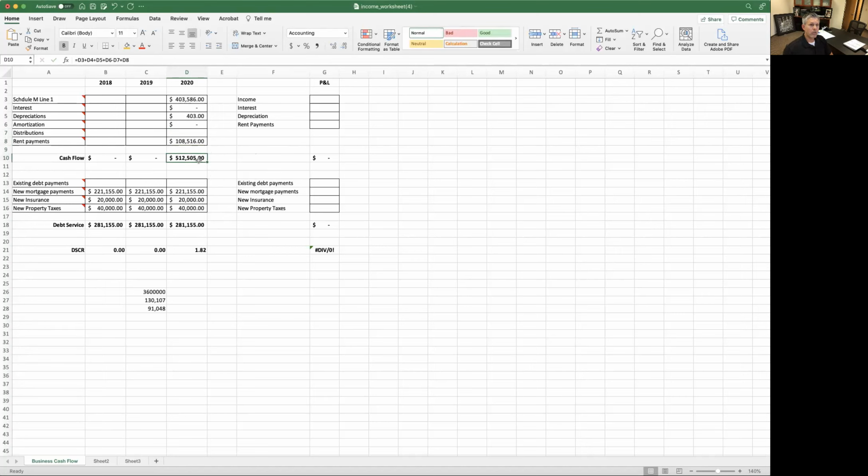So the total is $512,505 for 2020. If you look down, you'll notice it's 1.82%. Okay, so that's a good number, right? That's what we're trying to get to.